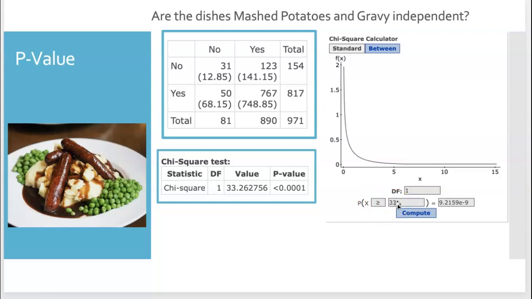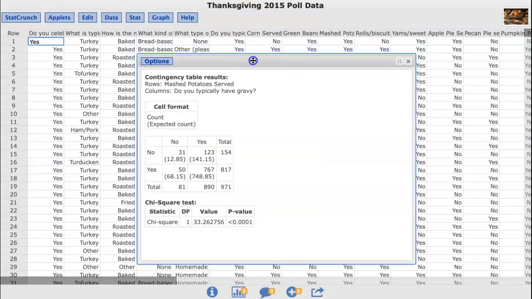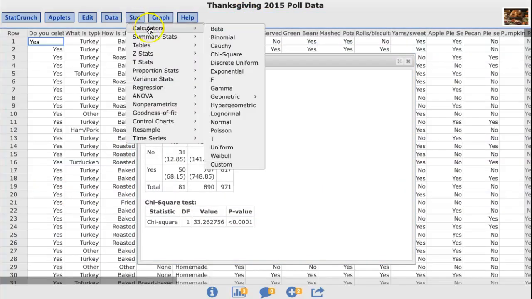So in dealing with categorical variables, goodness of fit, and independence tests, there's no such thing as a one-tail or two-tail test anymore. We're always going to reject if this chi-square statistic is large, so it's always going to be greater than or equal to 33. Let me show you very quickly how I use this calculator. I go to stat calculators, and there's the t, but here I want the chi-square.